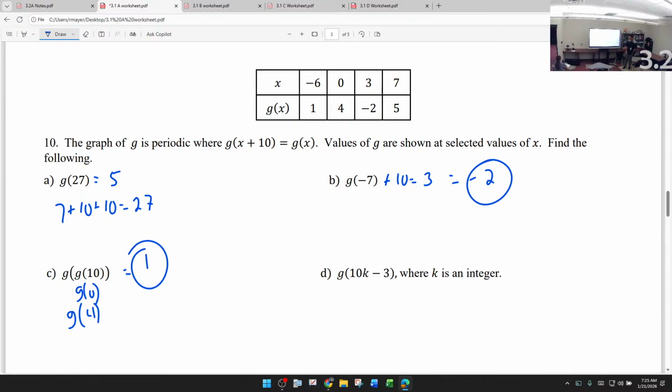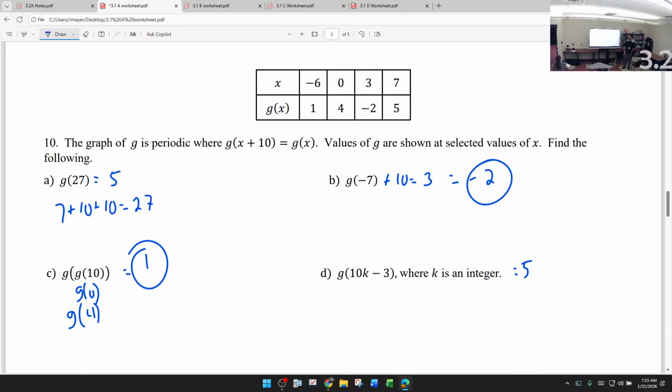That's a big one. Minus 3. So if I add 10 to negative 3, I'll be at 7. So this is 5.